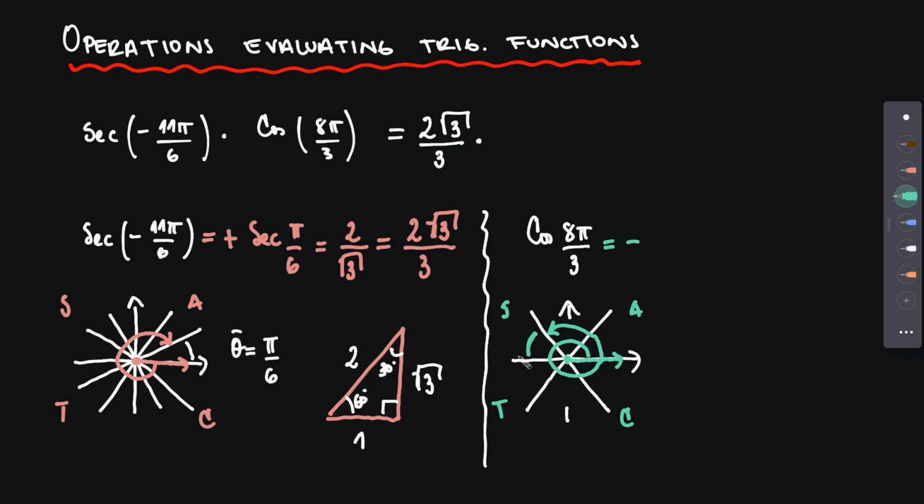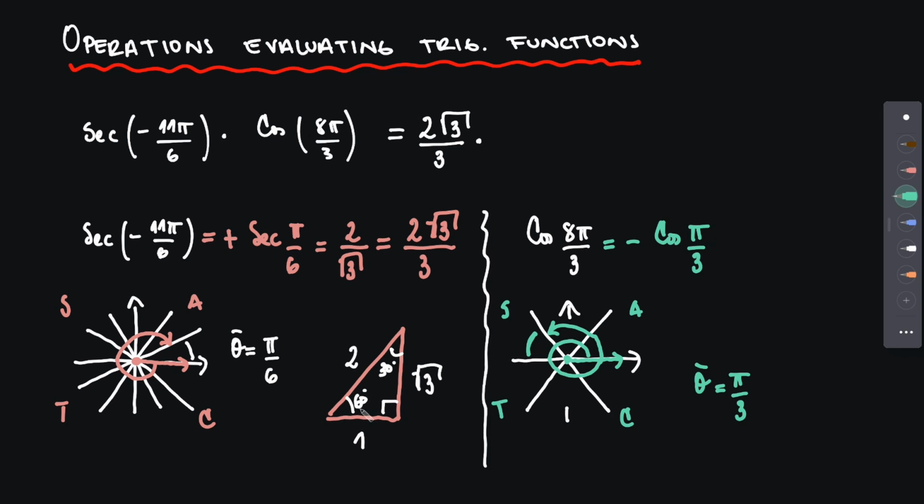So let me write it here. Our reference angle is going to be pi over 3, because since you divide this into 3 pieces, if you have 1 left, it will be just 1 pi over 3. So it will be negative cosine of pi over 3. And pi over 3 is the same as 60 degrees because 180 divided by 3 is 60.